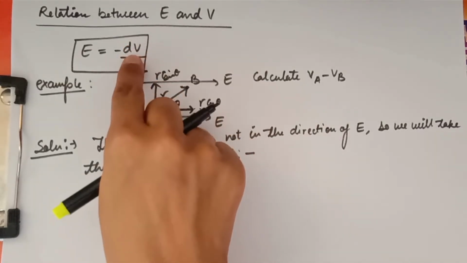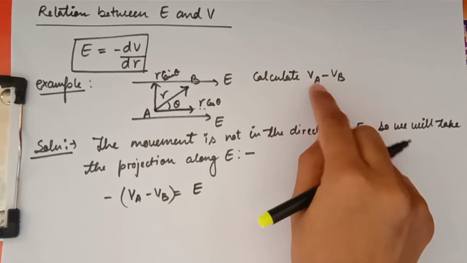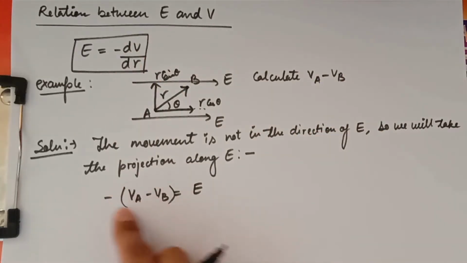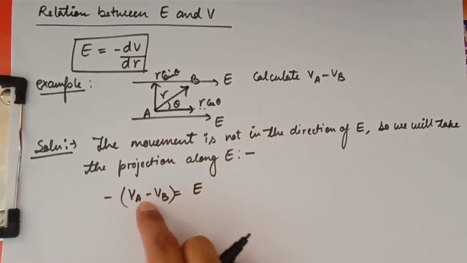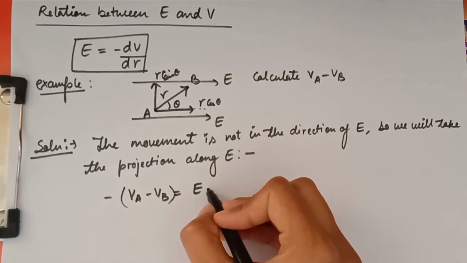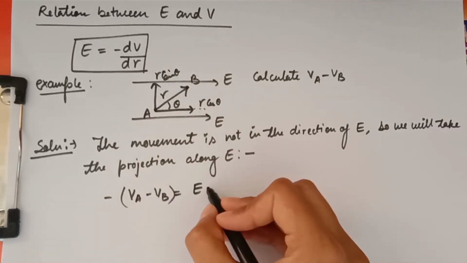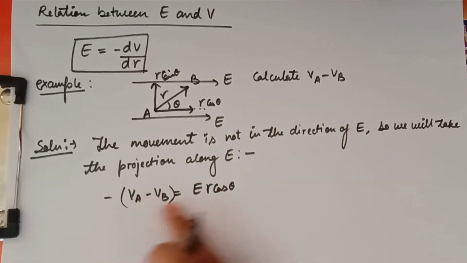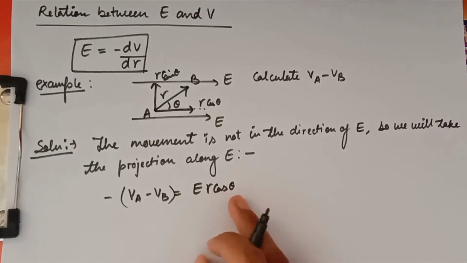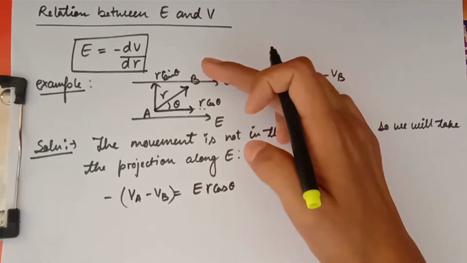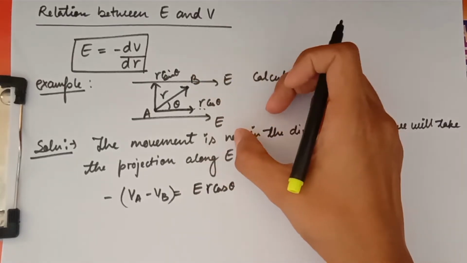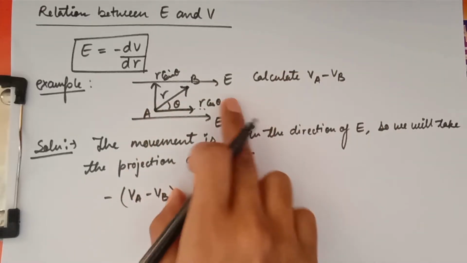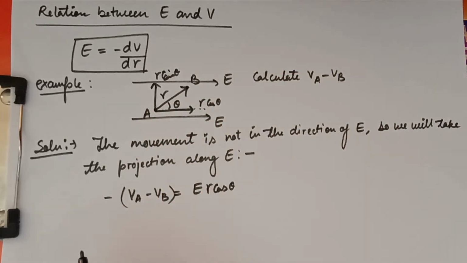As you can see, we are calculating VA minus VB, so minus of dV. In the place of dV I have written VA minus VB, and E into R. What is R? R is R cos theta. So VB minus VA will be equal to ER cos theta. So here I will take the projection along the uniform electric field.